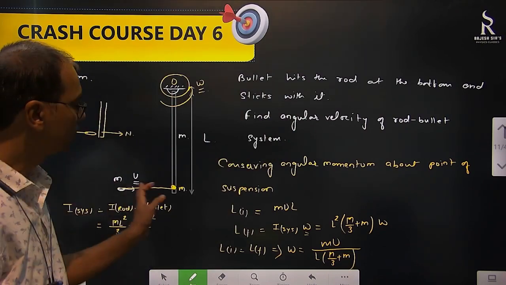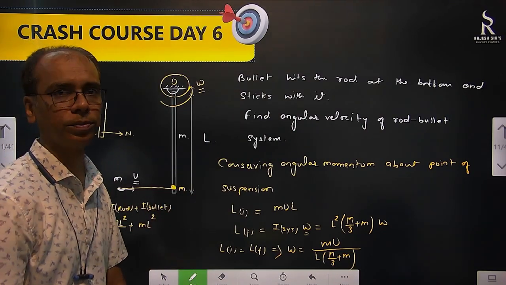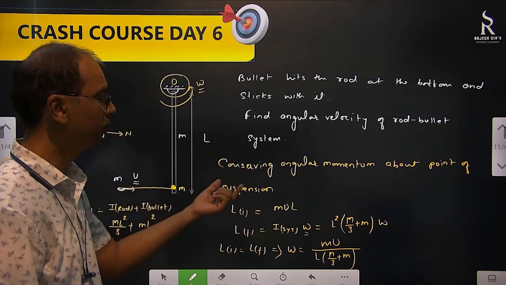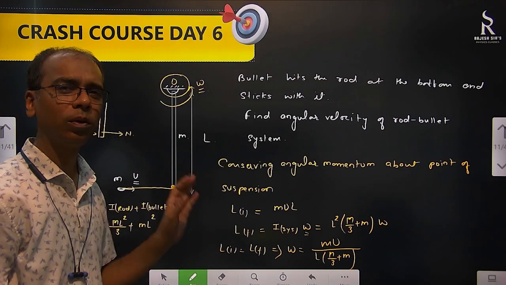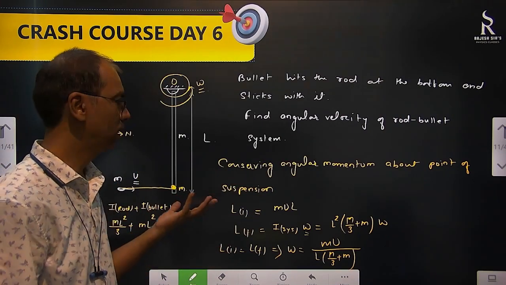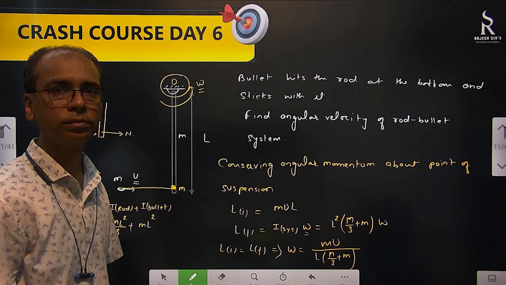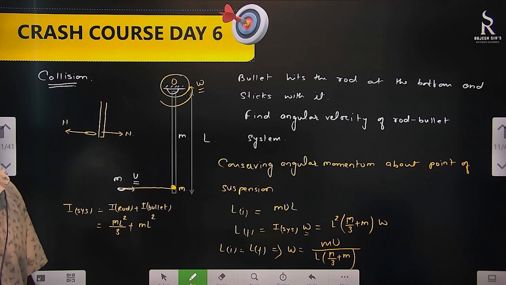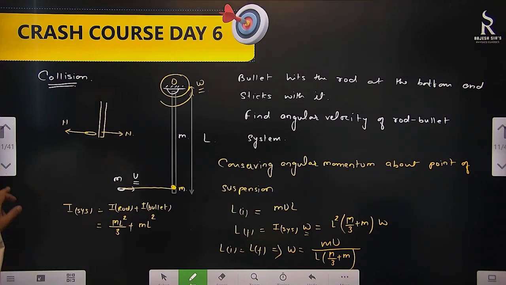So this type of problem you can do with collision also. If collision is coming, even then we can find omega with the help of conservation of angular momentum, like what we did in conservation of momentum. There also collision was there, here also collision is there. So in collision also we can apply conservation of angular momentum.